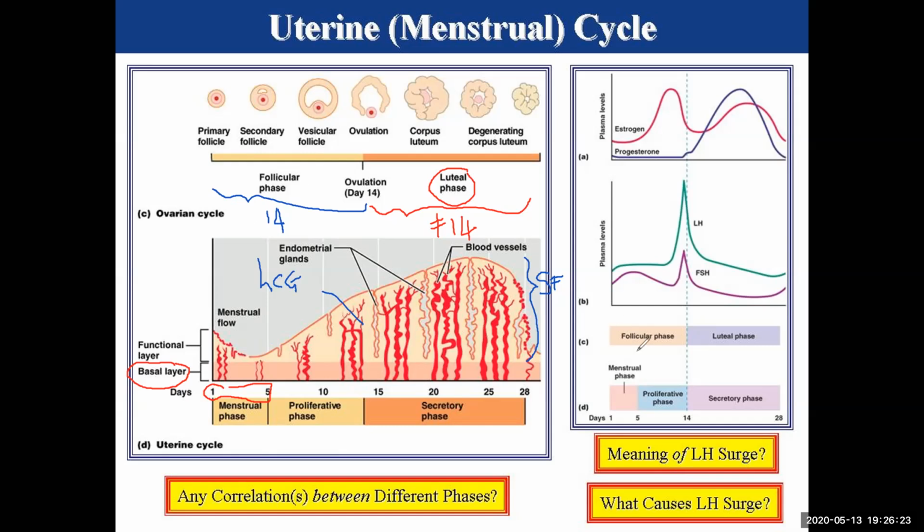And here is just the relationship between the hormones in the bloodstream. And I ask you here, the meaning of the LH surge. This LH surge here induces ovulation.